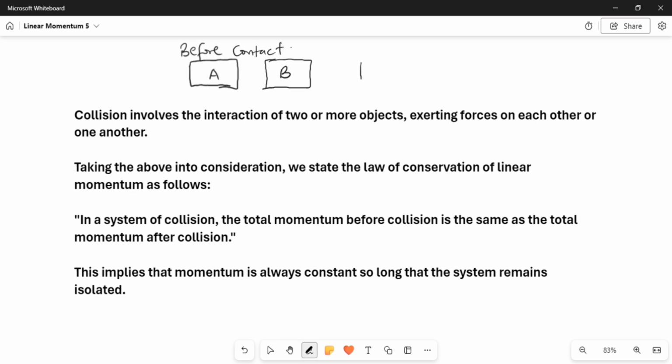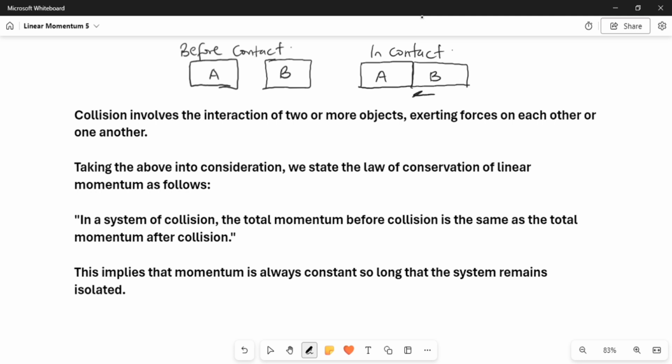Then if you have A and B now in contact, this is object B, this is object A. They are now in contact. These two objects are interacting with each other.